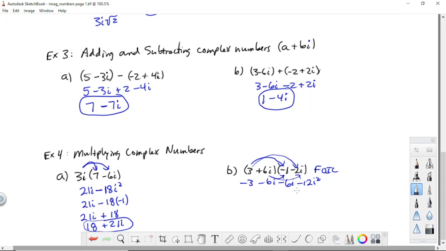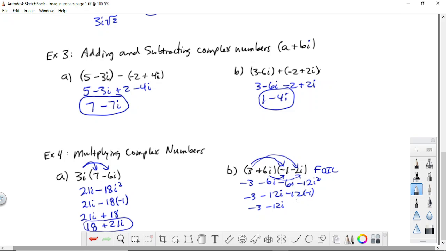Okay, so let's see what we can simplify in the next step. We still have the negative 3 out front. Negative 6i minus 6i just combines to negative 12i. And then the last term, I'm going to go ahead and write that as negative 12, and i squared is negative 1, right? And so that becomes negative 3 minus 12i.